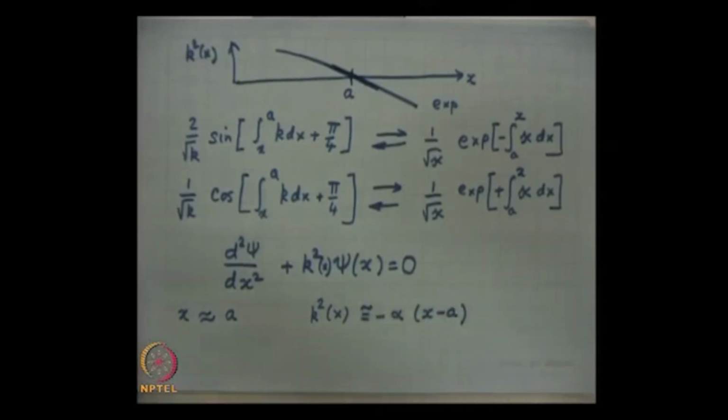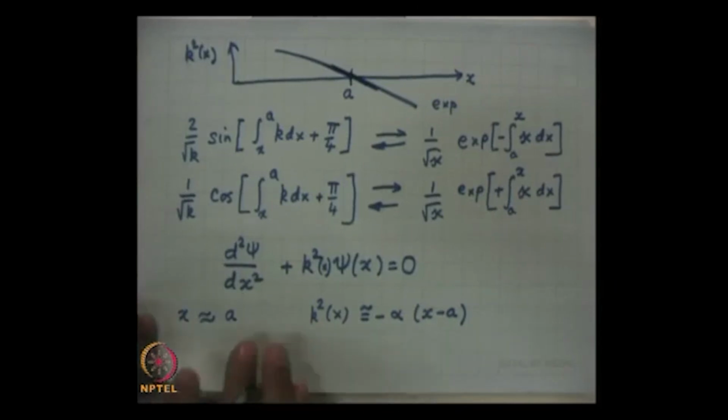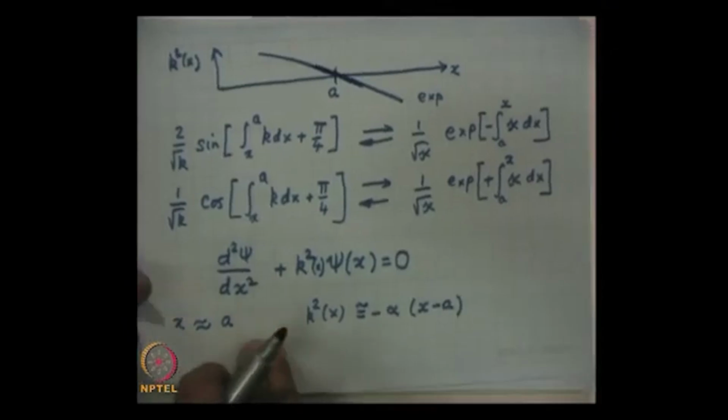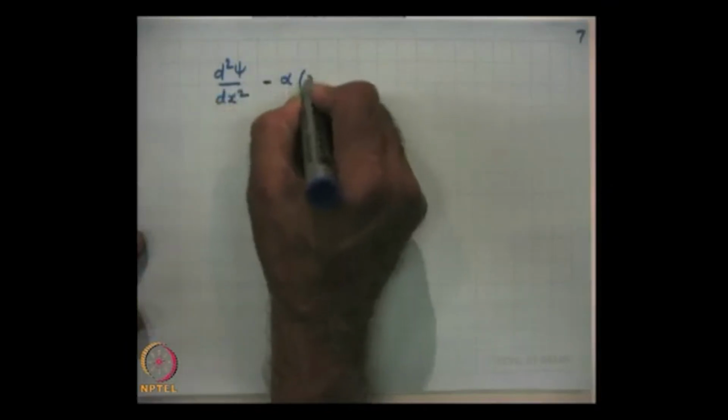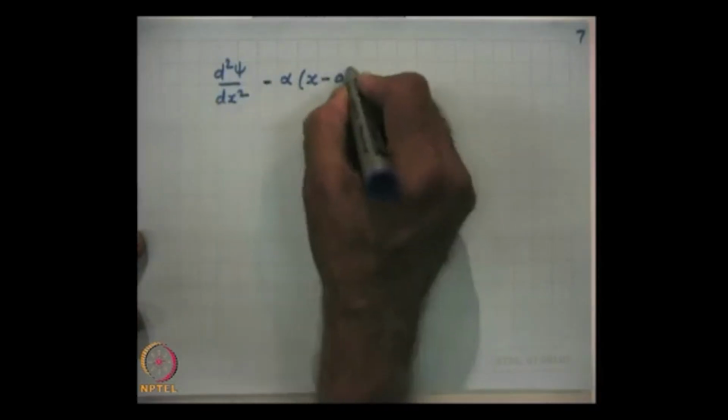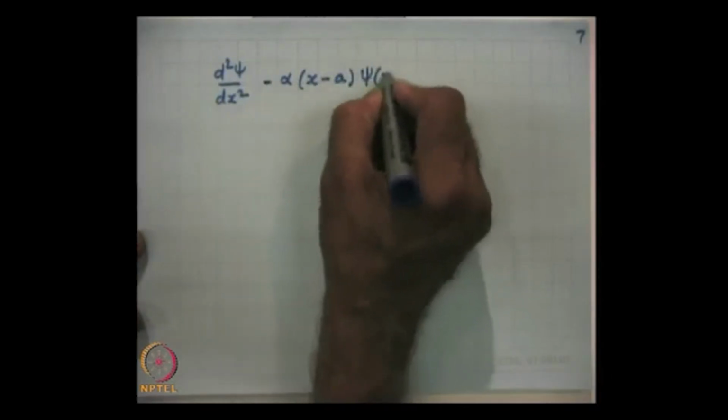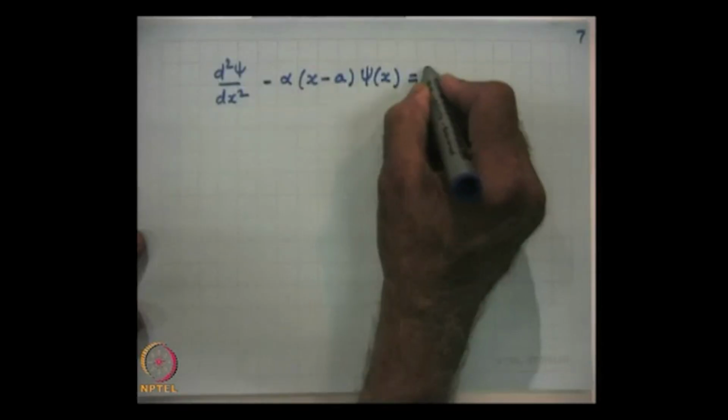So, in the vicinity of the turning point, we assume a linear variation for k square of x. Therefore, my Schrodinger equation or the wave equation becomes d2 psi by dx square minus alpha into x minus a psi of x is equal to 0.